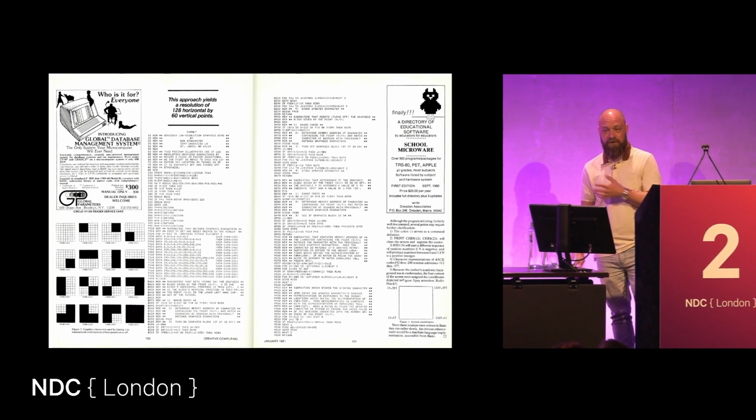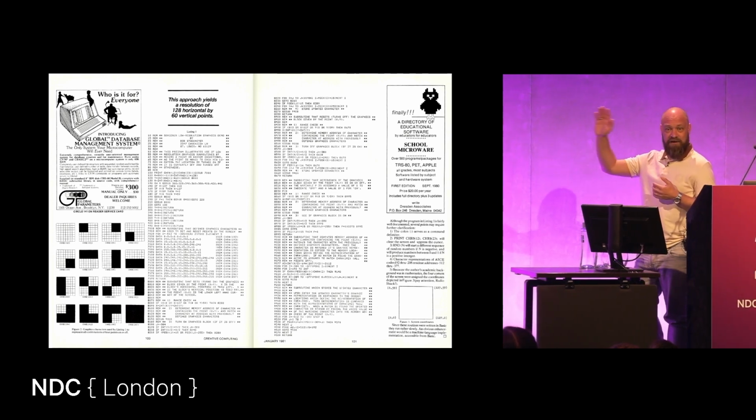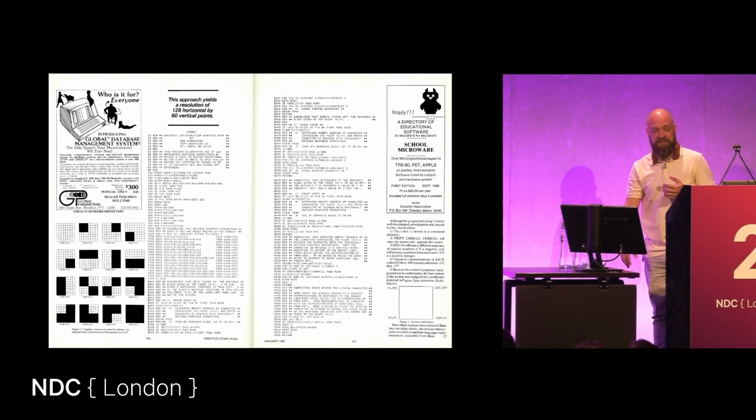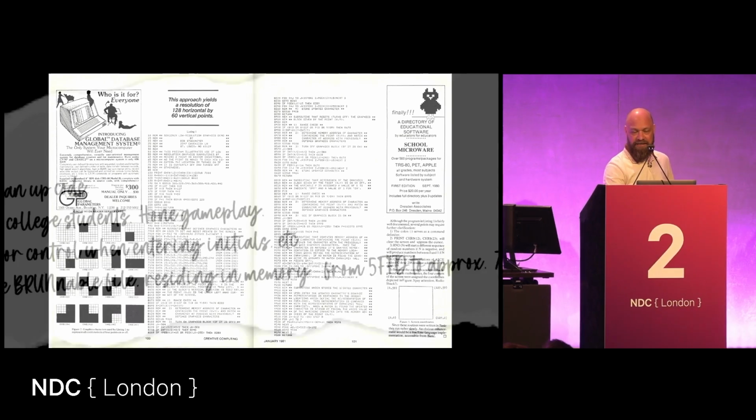This was the source code he read. And again, this was the way of distributing software at the time. He would type it off the page. But this was what actually sparked the game.